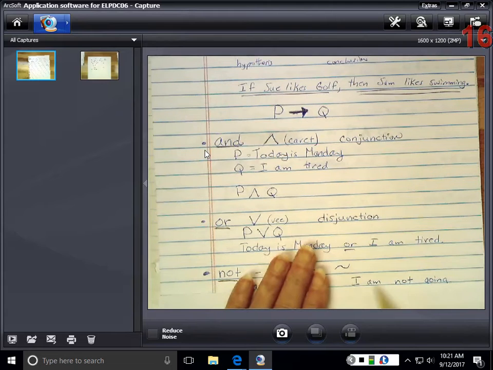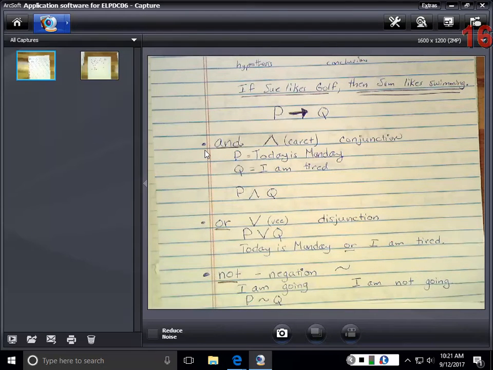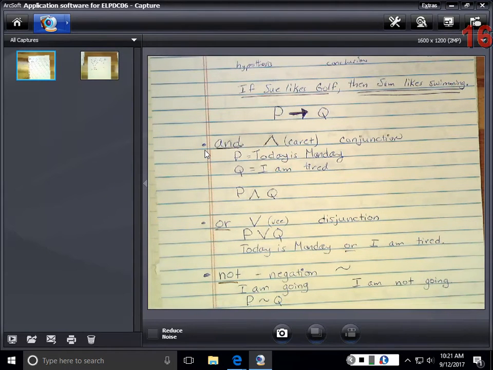How would I negate that right there? I am not going. What would I say now? Well, if you put two nots, it's going to be a double negative. Right, so it makes it positive. So it would be I am going. Okay, so this would be written this way. P stands for I am going, and then not P means I'm going to put a "not" in that sentence: I am not going.